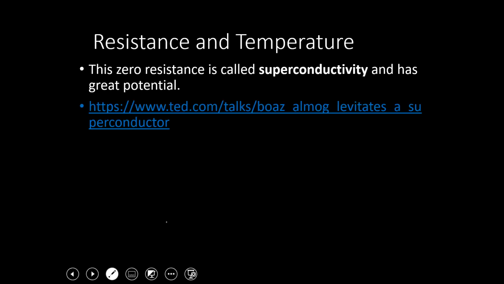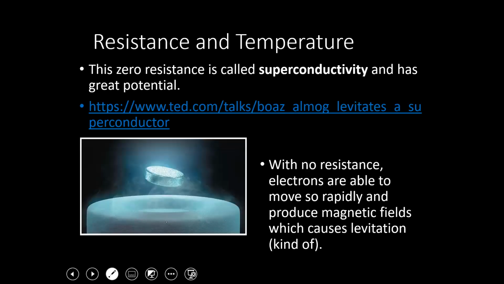Okay, so if you have time, there's this pretty cool video that shows you why superconductivity is so interesting. We don't have time right now because I really do want to finish chapter 27 and maybe start chapter 28 today. But maybe take a screenshot of this, or you can see it when I post the videos. It's a pretty cool little demonstration and a decent explanation of what superconductivity is.